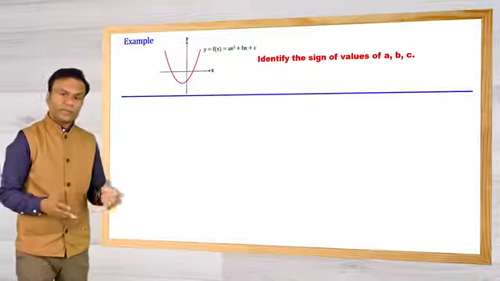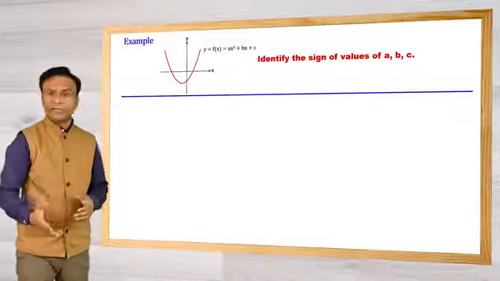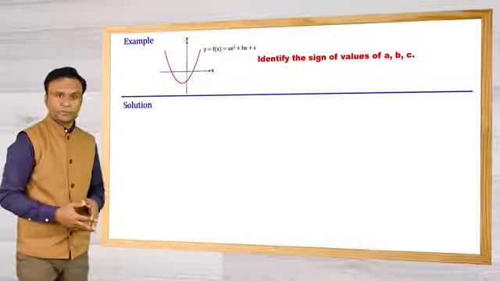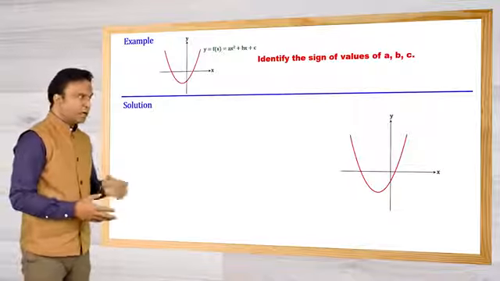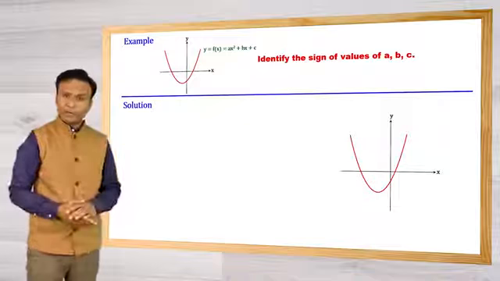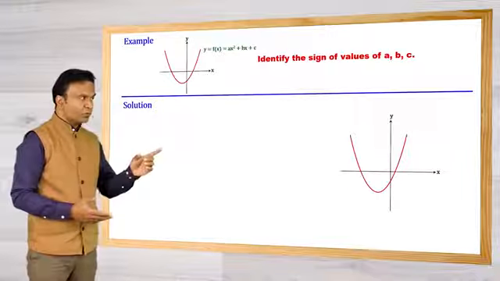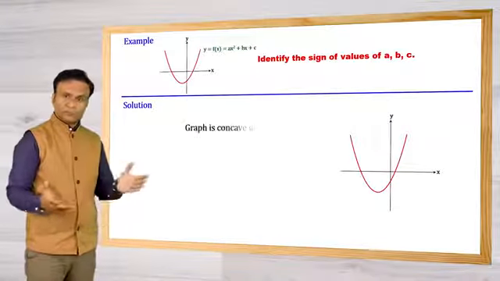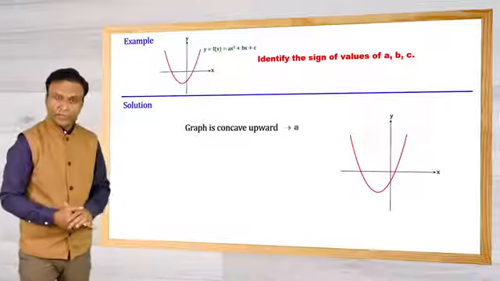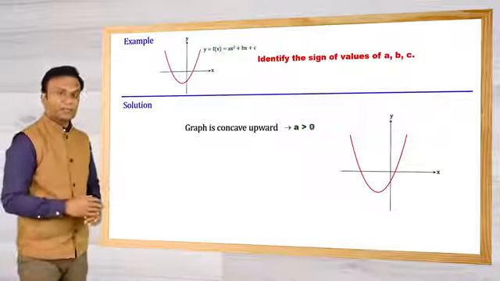We have to check whether a is positive or negative. Similarly, b and c. Let's start with a. How can you identify the sign of a? a is the coefficient of x square. The graph is concave upward, so a is greater than 0.